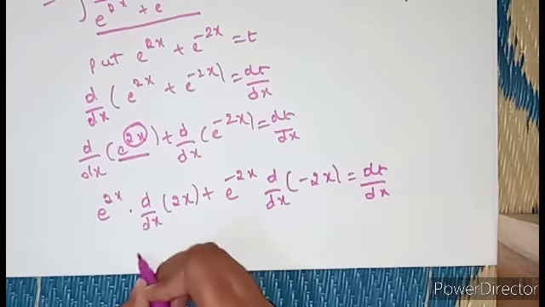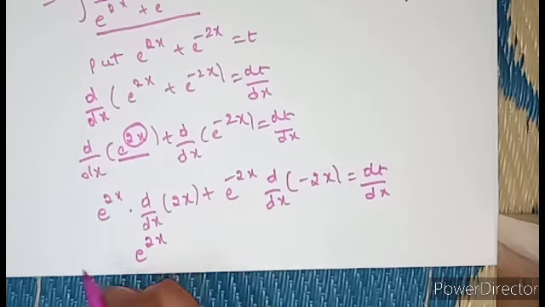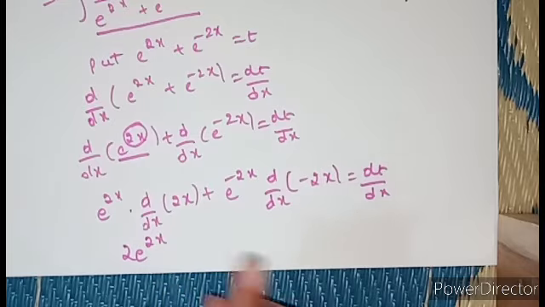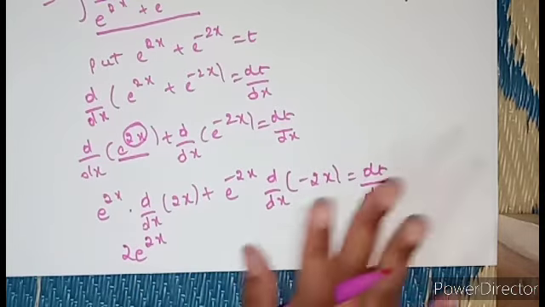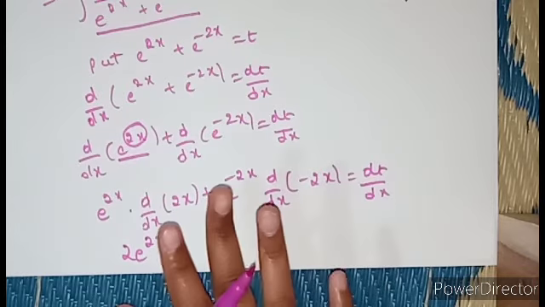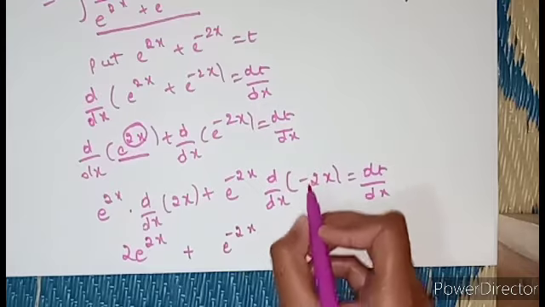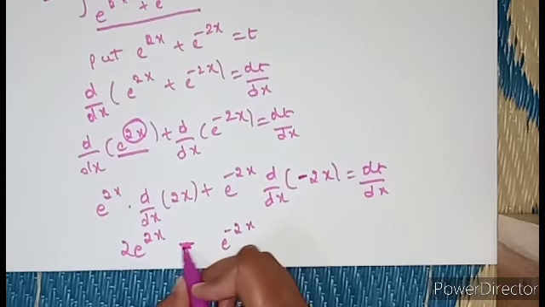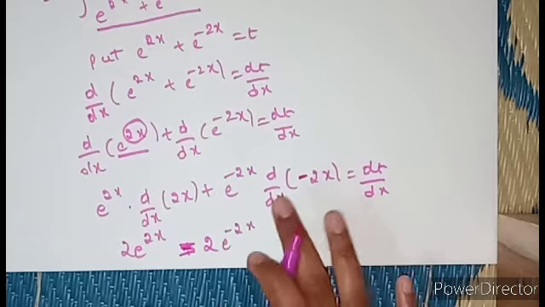Now e power 2x as it is. Since 2 is constant, take it outside. I am putting 2 here. Now the derivative of x is 1, so 2 e raised to 2x into 1 is 2 e raised to 2x itself, right? Now e power minus 2x as it is, take this minus 2 outside since it is constant. Again the derivative of x is 1.